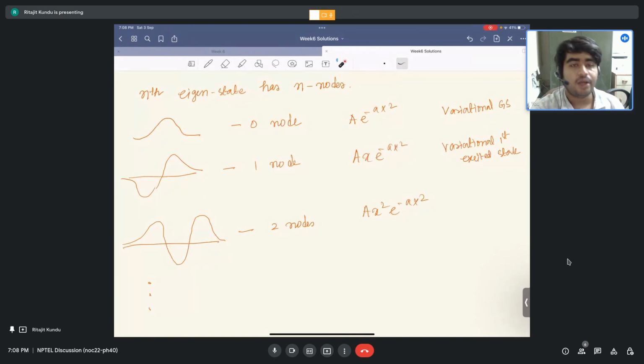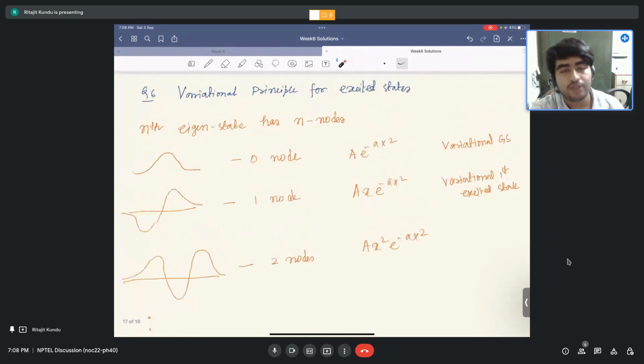You can also introduce many more variational parameters, n number of them, to get a better estimate. So this is the idea about the variational principle. And this will be it.